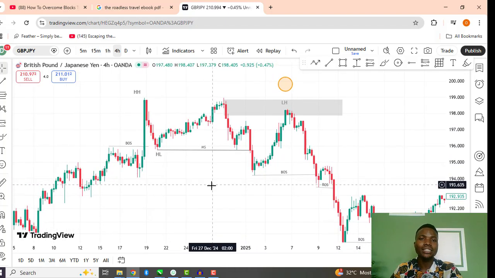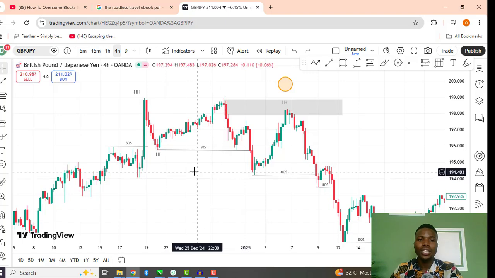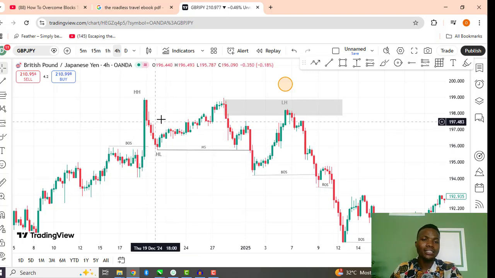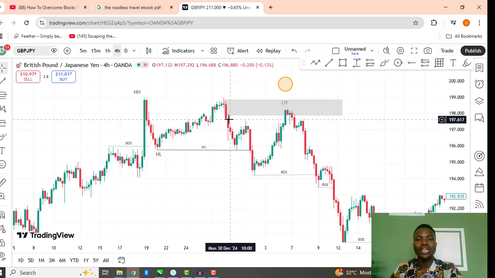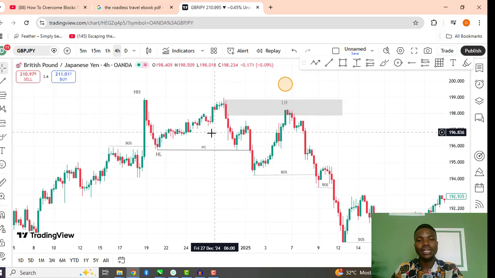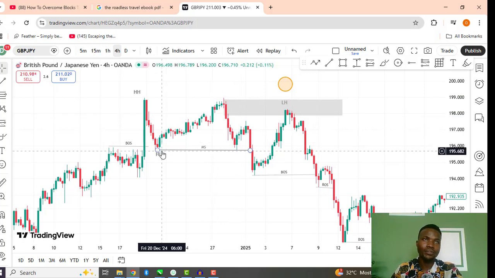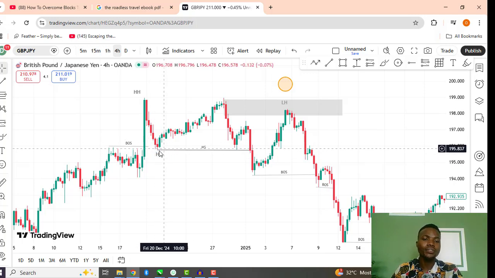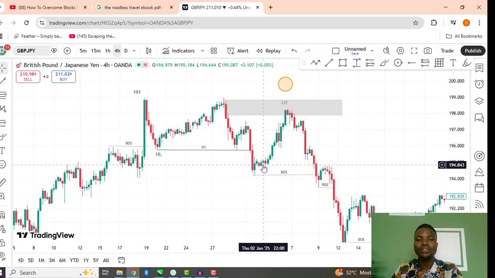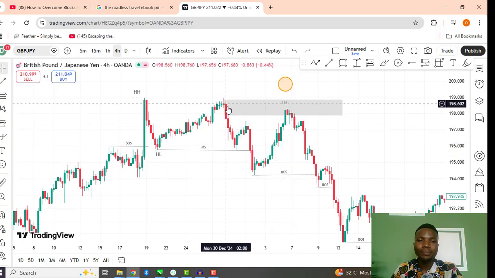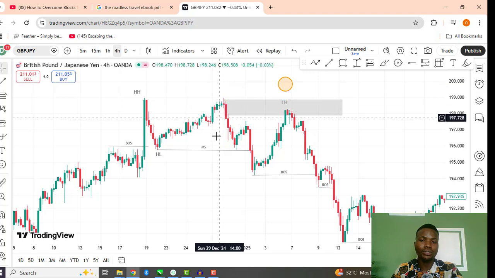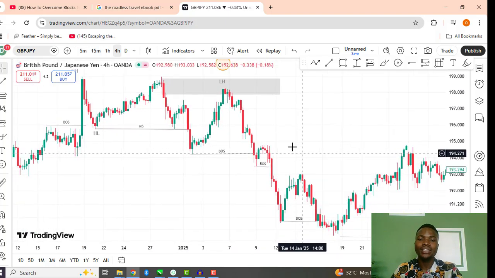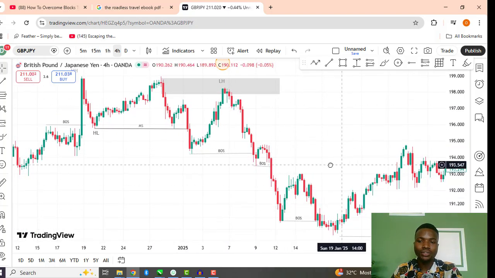If price is moving in an uptrend and you are looking to sell, you must ensure that price broke the last previous higher low. And when you see that price broke the previous higher low, then you wait for a retest to where buyers failed to push the price up. And you can see that price started moving to the downside.